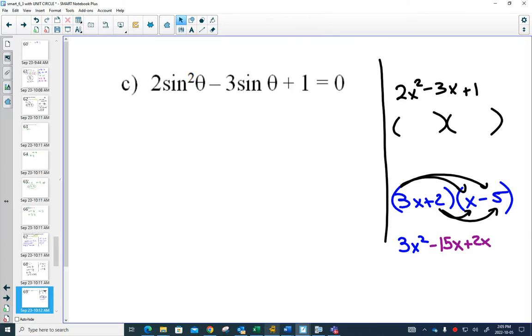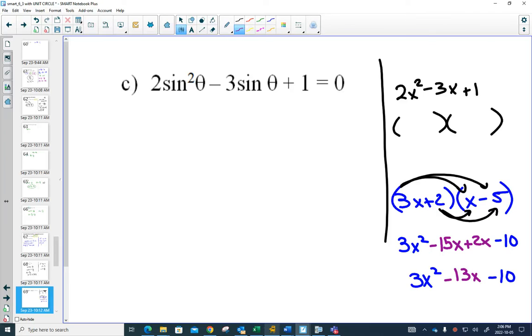And then 2 times negative 5 is negative 10. Right? And I did the ones in the middle in purple because they end up being like terms. And so this becomes 3x squared minus 13x minus 10. Maybe I'll keep the minus 13x in purple. Maybe not. There we go.